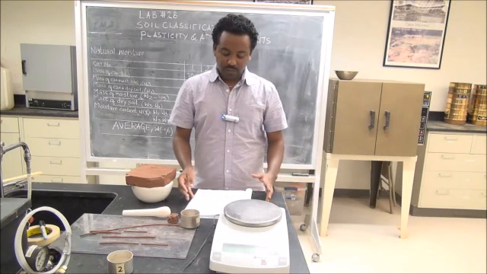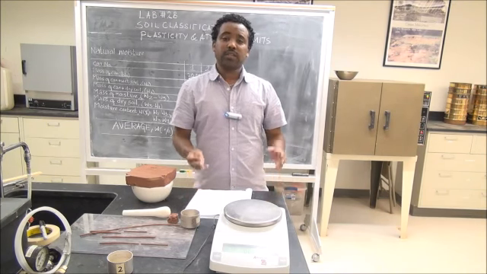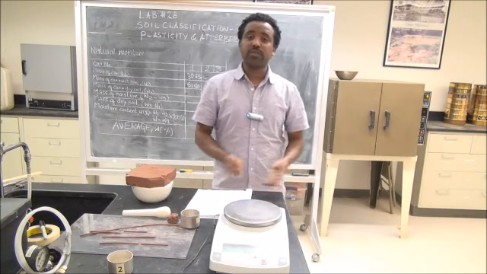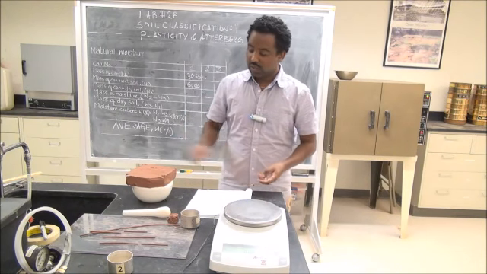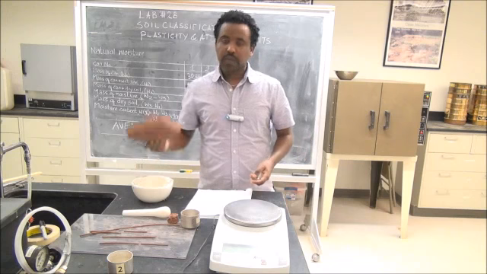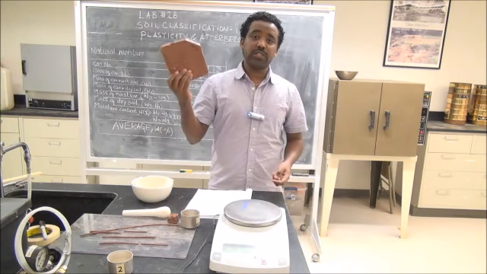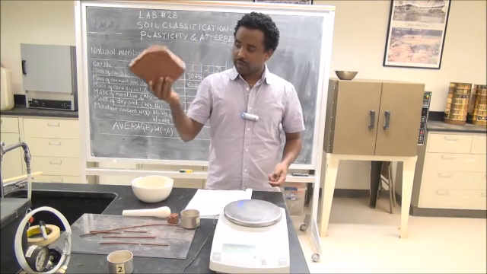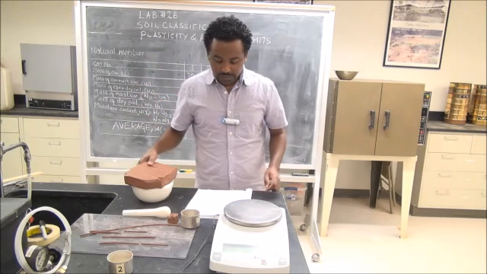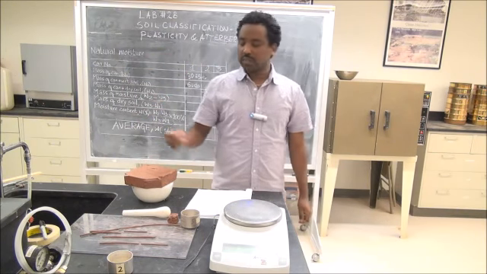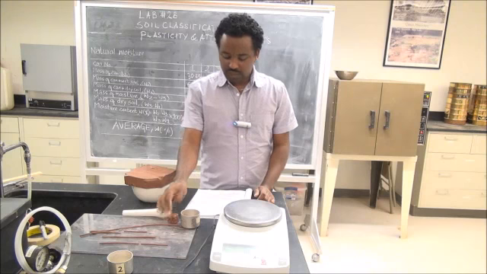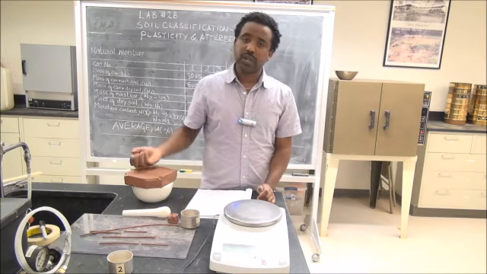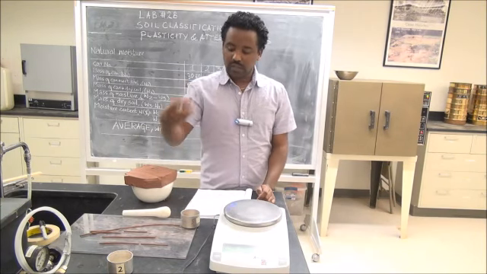The first part of our test will be the soil description and determination of natural water content. Here we have the soil sample, which is a block of clay, and from this we take out 30 grams of soil, this one.